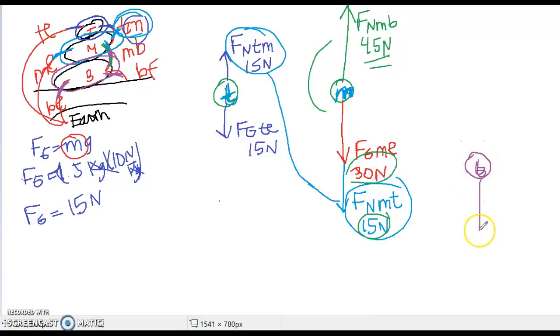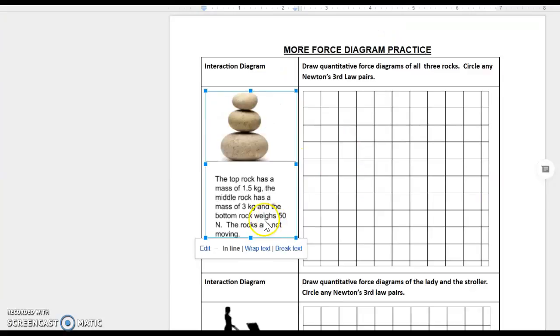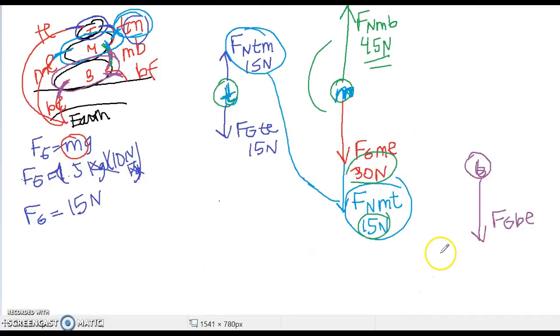So I would say do his force of gravity first, okay, which is on the bottom rock from the earth. And it says the bottom rock weighs 50 newtons. Okay, so that's already giving me the weight. I don't have to multiply by anything because it's already the weight. It's already in newtons. So that's 50 newtons.